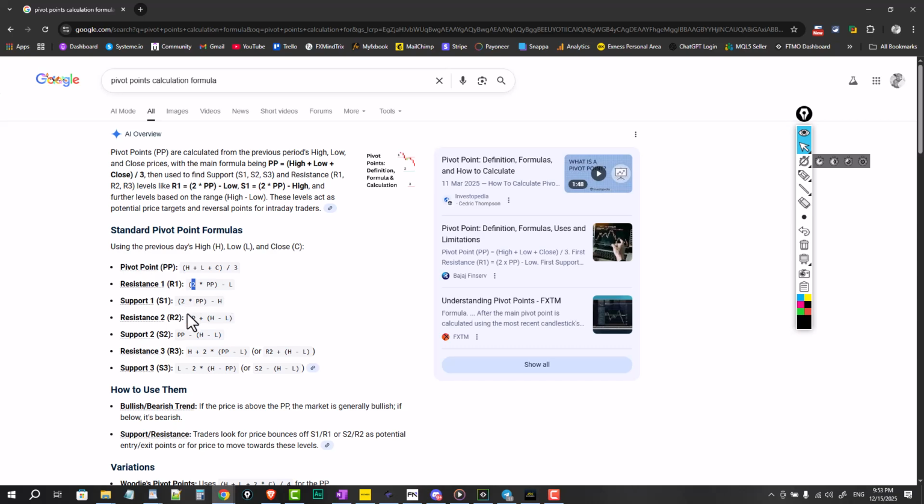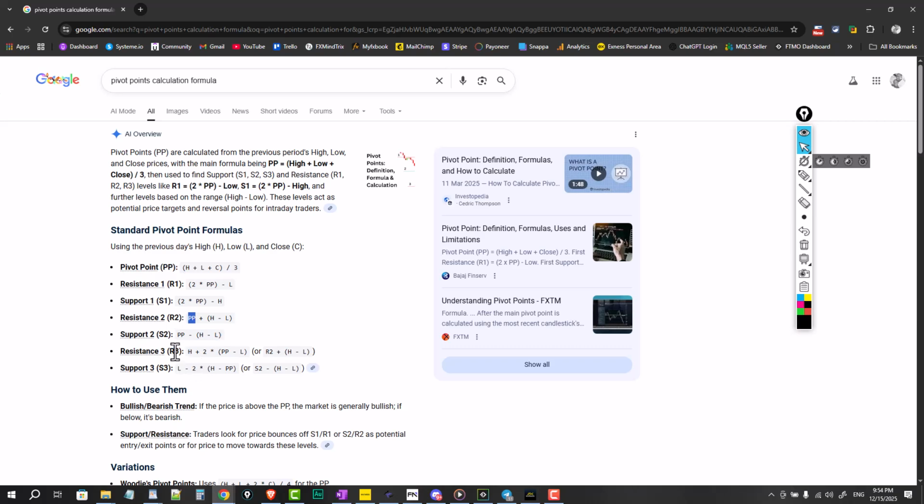How about R2 and S2? The way we get the value for R2 is the central pivot point is added to the resulting number we get from subtracting the previous day's low from the previous day's high. The same thing for support level 2: we subtract the difference between H, the previous day's high, and L, the previous day's low, from the central pivot.